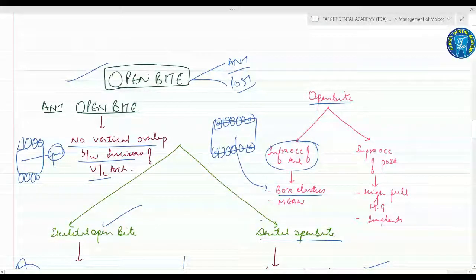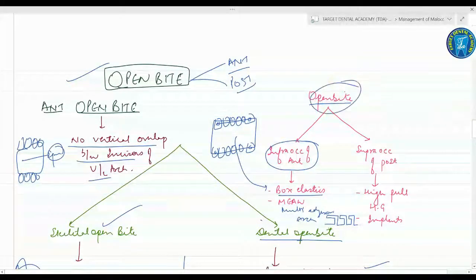After the box elastics, next is the MEAU, which means the multi-edgewise arch wires. Fine.